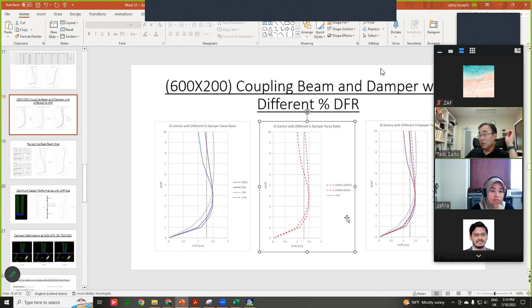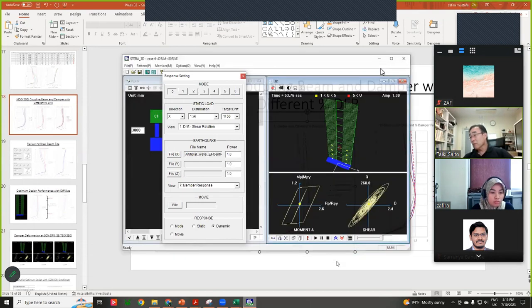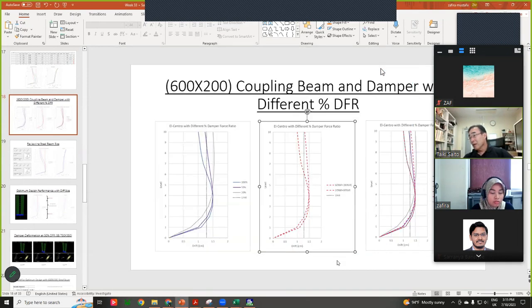Are you sure the metallic is yielding? For this one? Yeah. At least for 60% and 100%, the metallic damper is not working. It's elastic, right? Okay.